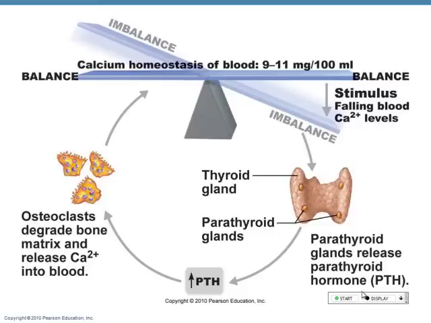When parathyroid hormone starts to increase, that's going to be the signal to those osteoclast guys to go and do what? Start to break down bone matrix. When bone matrix is broken down and released into the circulatory system, what's going to happen to calcium levels? They're going to come back up.